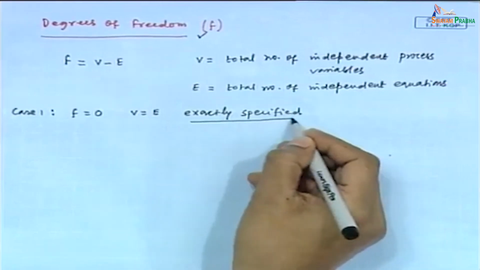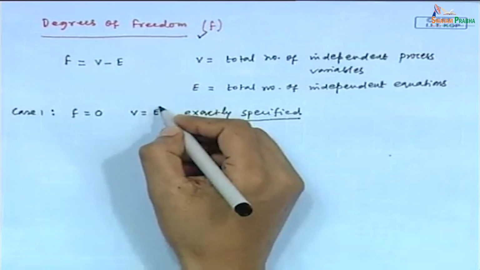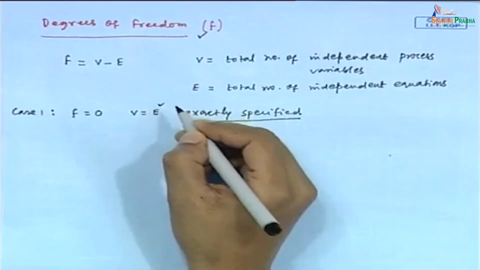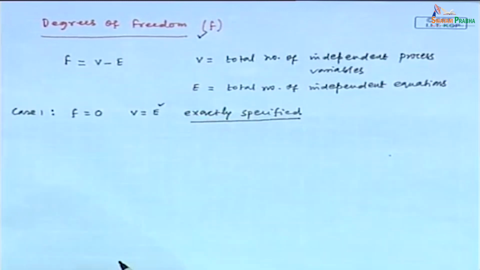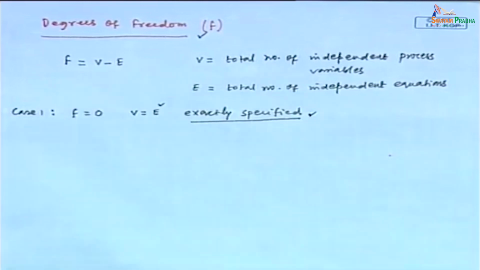When degrees of freedom equals 0, then we can write V equals E. That means the number of independent process variables equals the number of independent equations. In this situation, we can say the system is exactly specified. I mean, there is no problem to find the solution of the modeling equations.